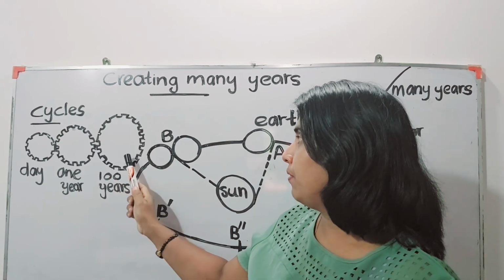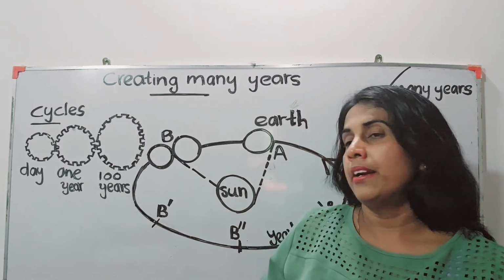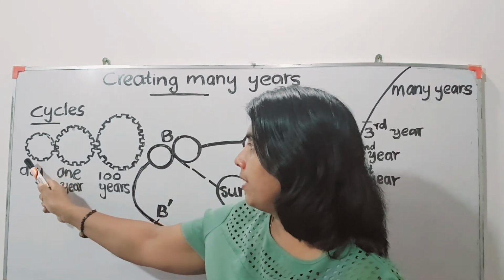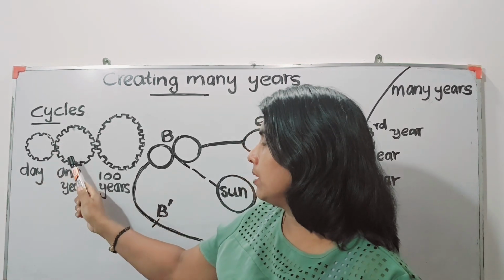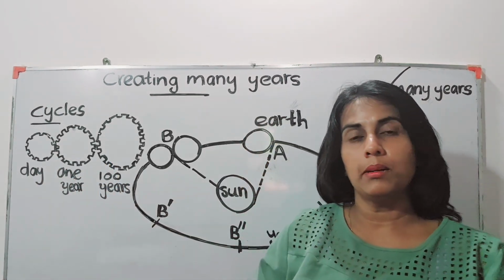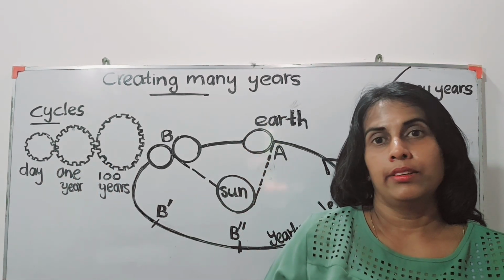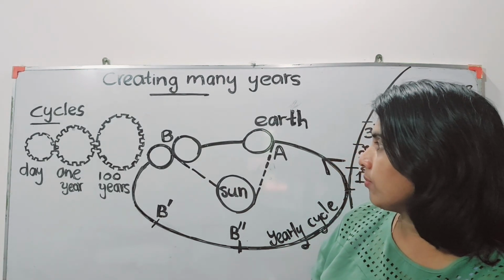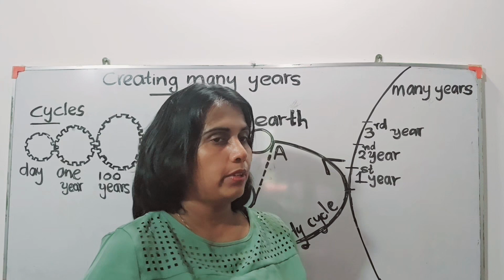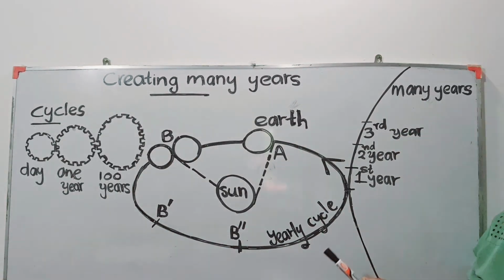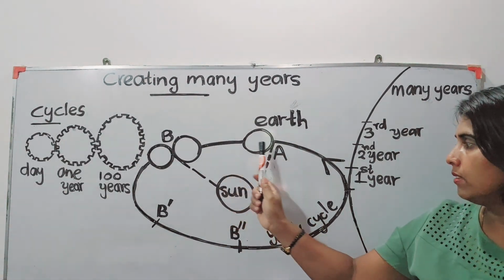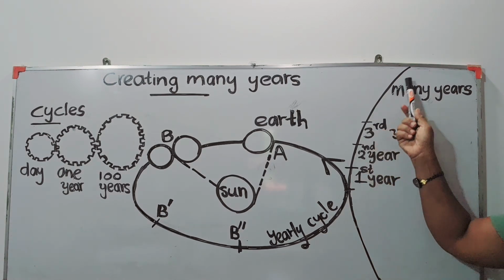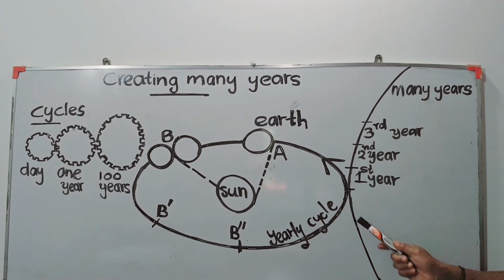For example, if we take this as the 100-year cycle, then when one day is completed, each of these cycles also will complete a smaller portion. That is why we can represent it this way also. This is the yearly cycle, and it is connected to a very large cycle with many years.